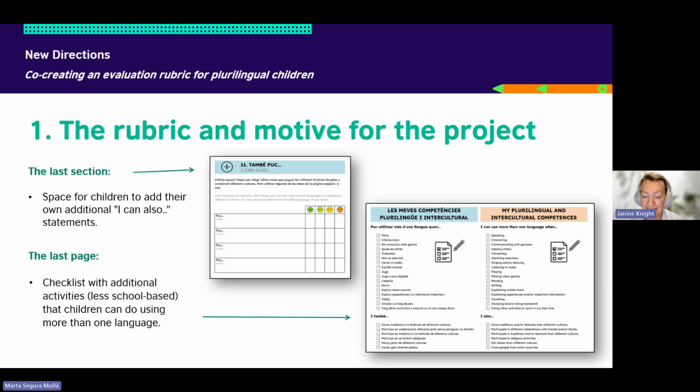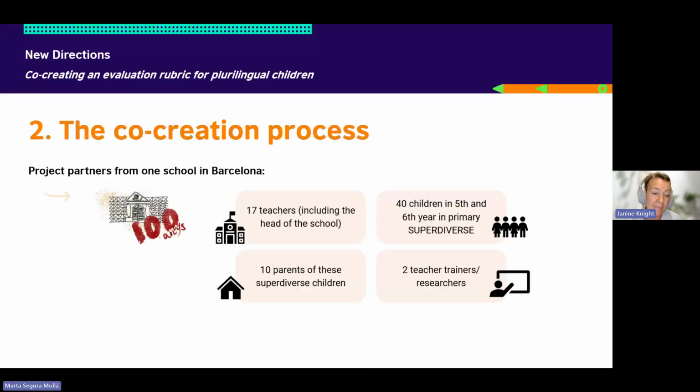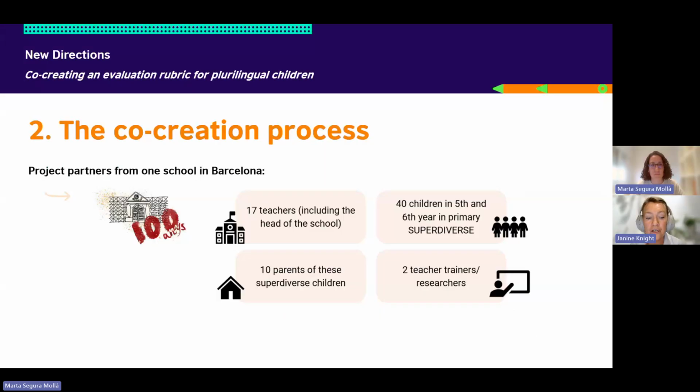And the last page has a checklist with additional activities which are less school-based, less school-focused, that children can do using more than one language. And actually this checklist came out of us working with the children, and it completely came from them. So now Marta is going to talk about the co-creation process.